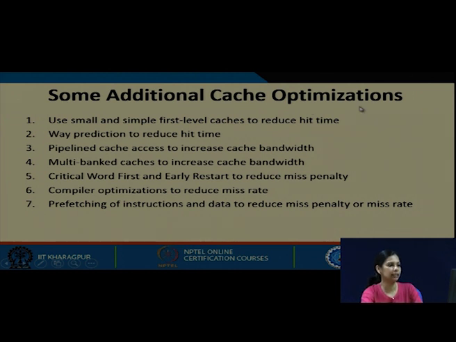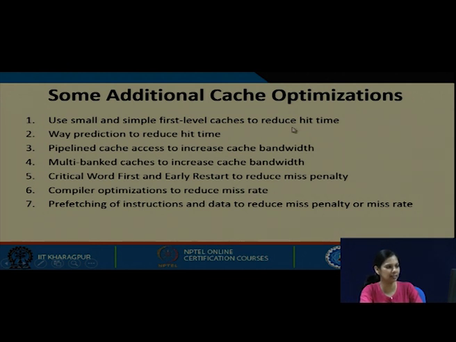These are some additional cache optimizations: use small and simple first level caches to reduce hit time, way prediction to reduce hit time, pipelined cache access to increase cache bandwidth, multi-banked caches to increase cache bandwidth, critical word first and early restart to reduce miss penalty, compiler optimization to reduce miss rate, and prefetching of instruction and data to reduce miss penalty or miss rate.